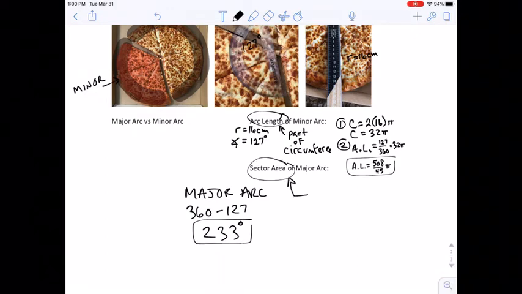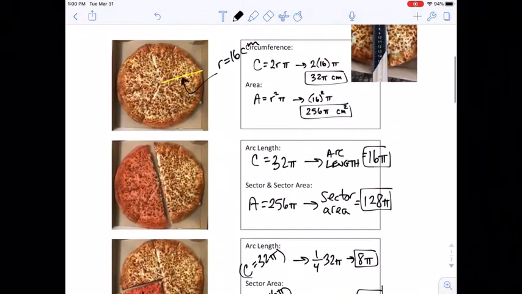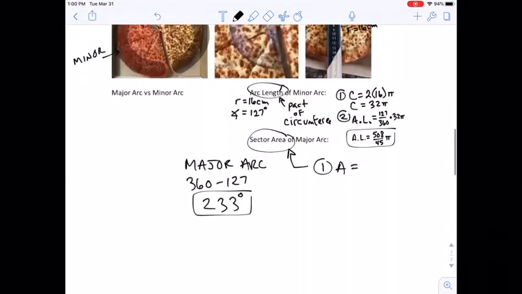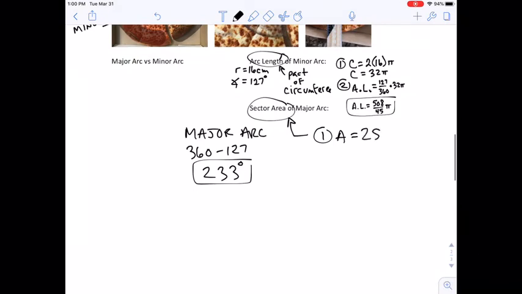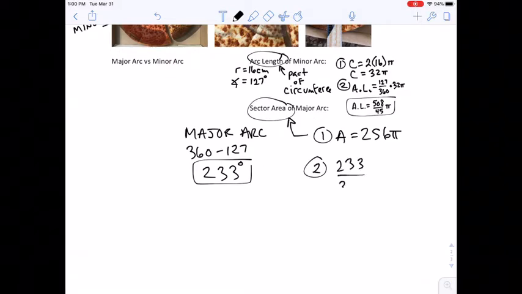Now we're talking about sector area. The first step is you need to figure out the area of the circle. Well, we did that already. If you scroll back, there it is, 256 pi. So 256 pi is the area of the circle. If I want to figure out the sector area, I can use the angle out of 360 and multiply it by 256 pi.